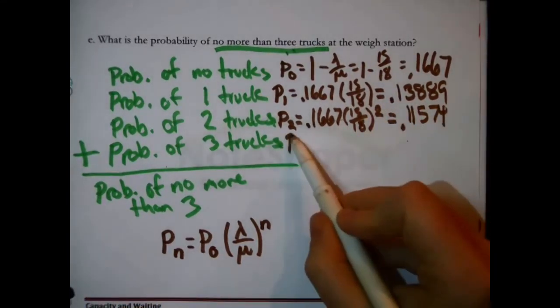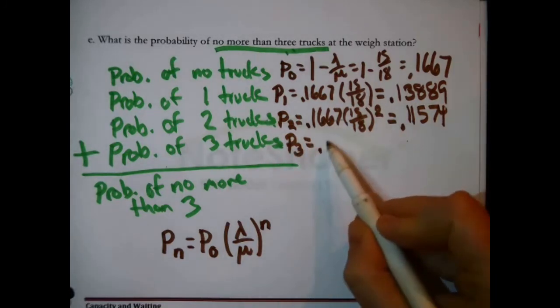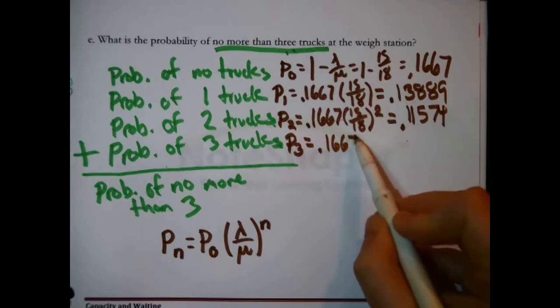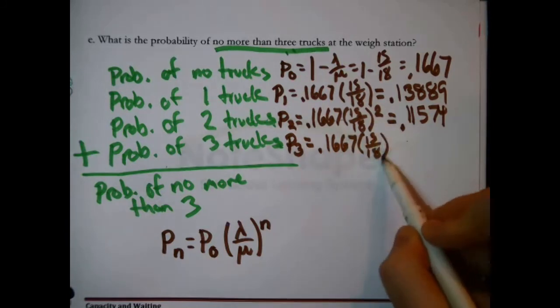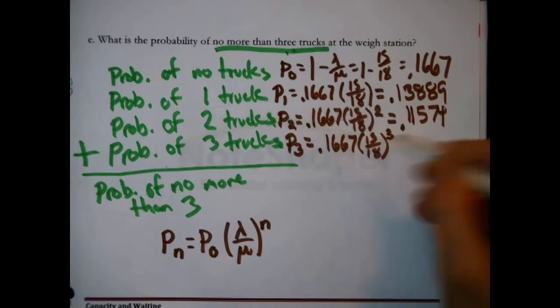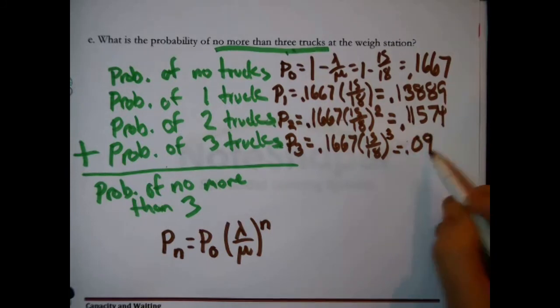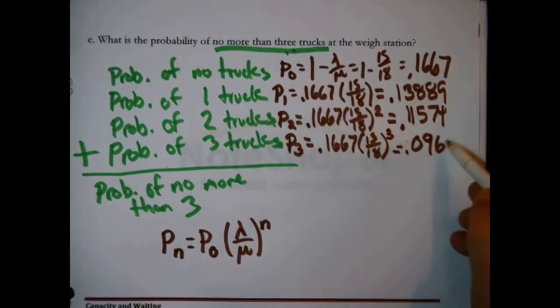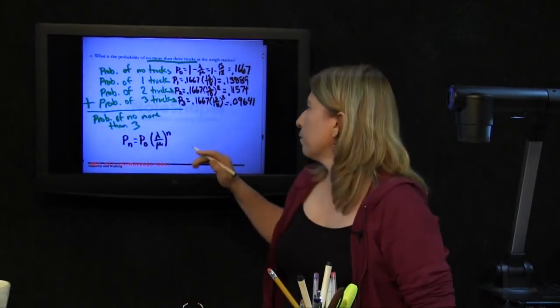And then finally, what is the chance of exactly 3 trucks being there? 0.1667 times the same 15 over 18, except cube it before you do this calculation. The result, 0.09641.